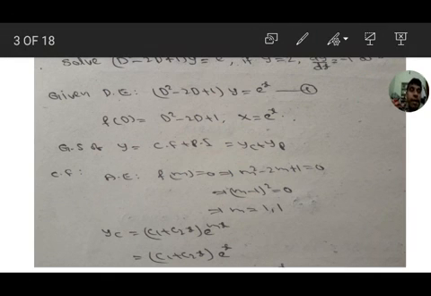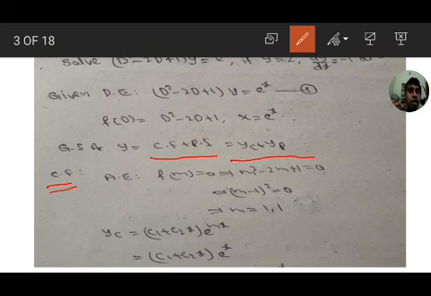First, compare the given differential equation with the standard form f of D of y equal to capital X, where f of D equal to D square minus 2D plus 1, and capital X equal to e to the power of x. The general solution is complementary function plus particular integral, that is yc plus yp. Complementary function means the general solution of f of D of y equal to 0.